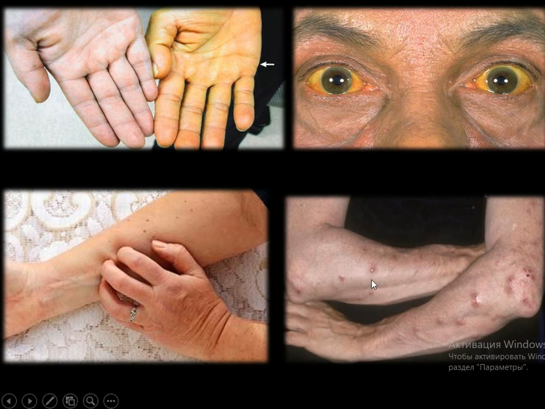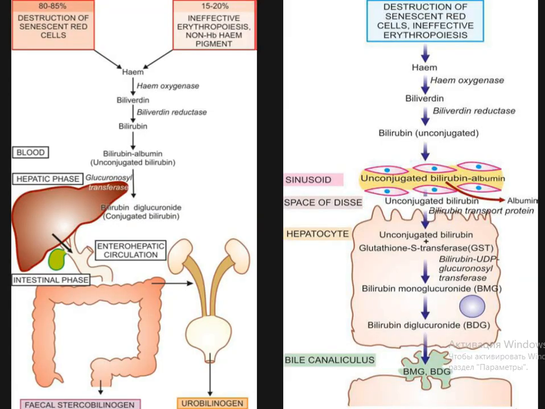You can see in the skin a lot of nodules, violet and reddish in color, and as a rule they are scratched by the patient. First of all, it's related with bile acids in the blood in case of disruption of bile metabolism.